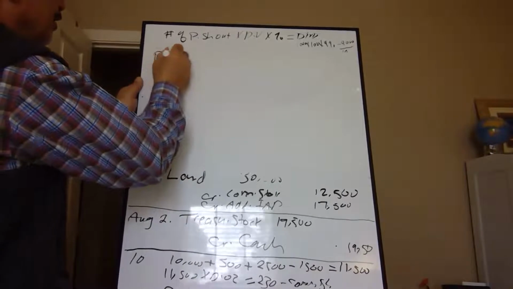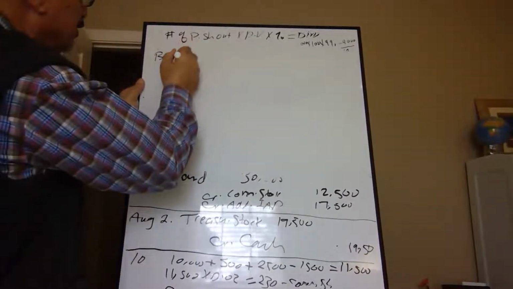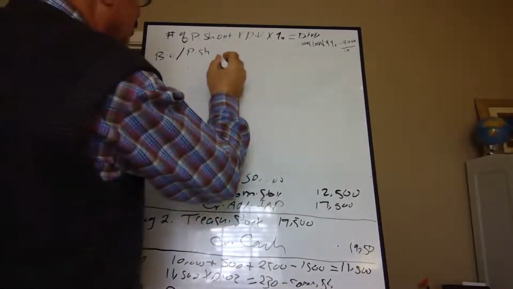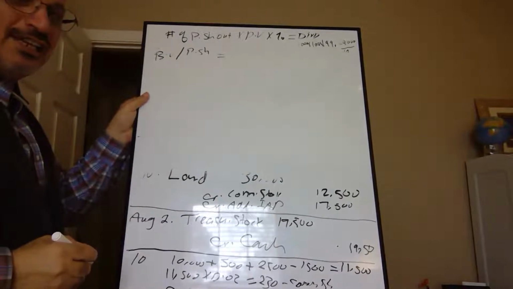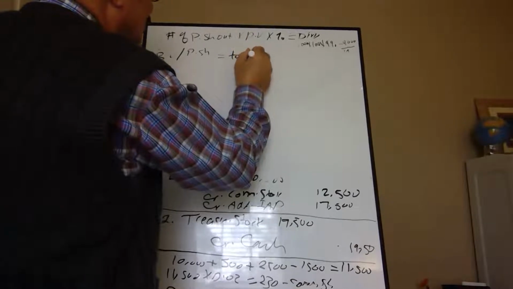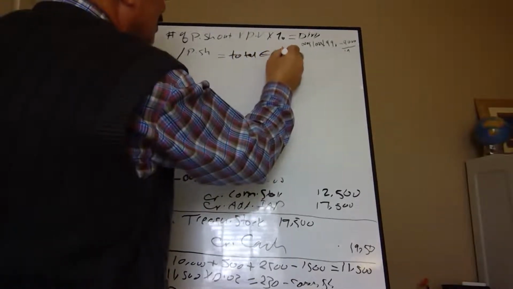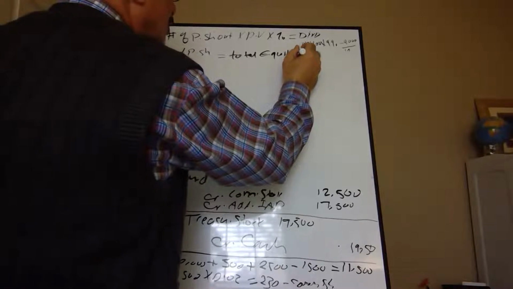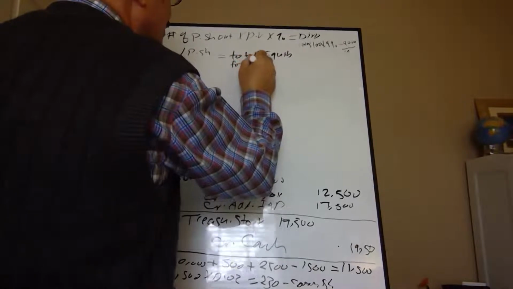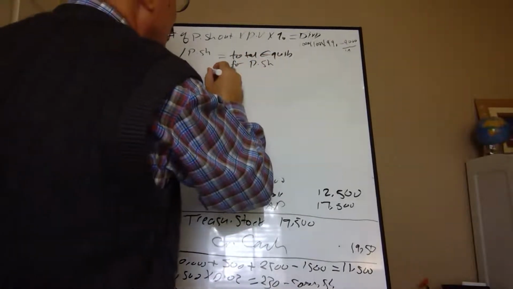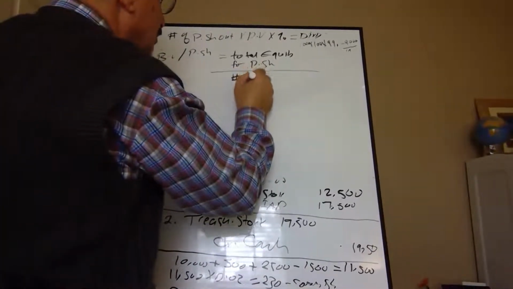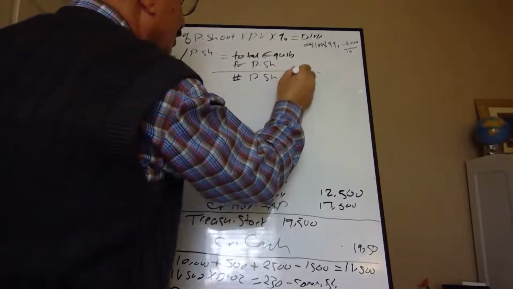Book value per preferred share is equal to total equity for preferred shareholders divided by number of preferred shares outstanding.